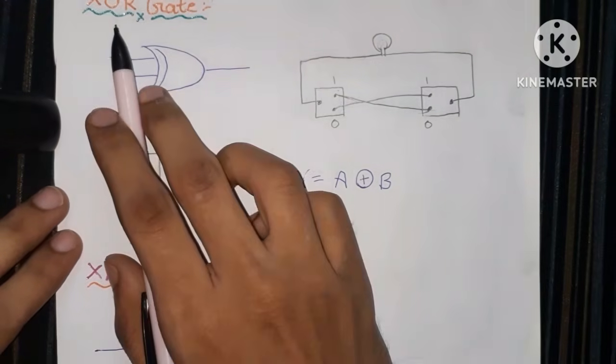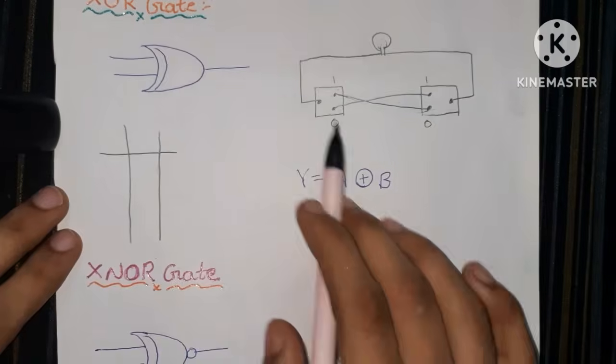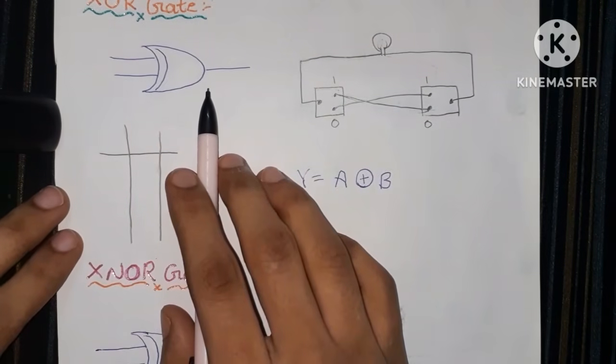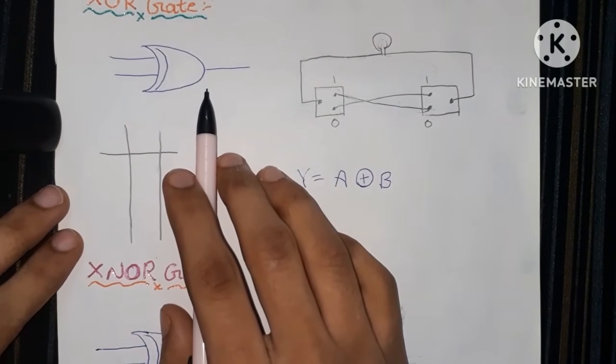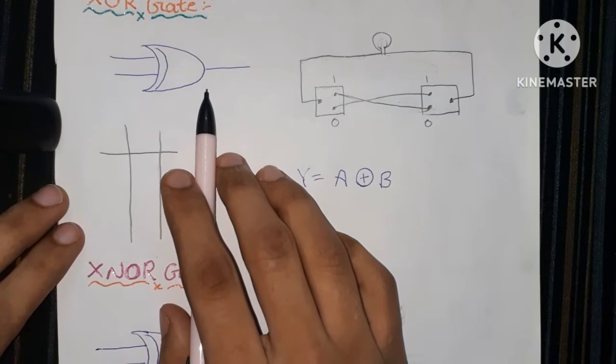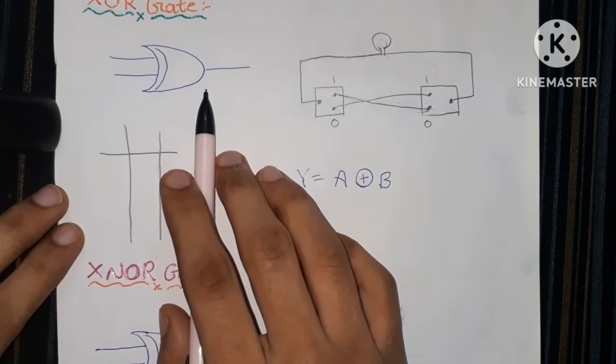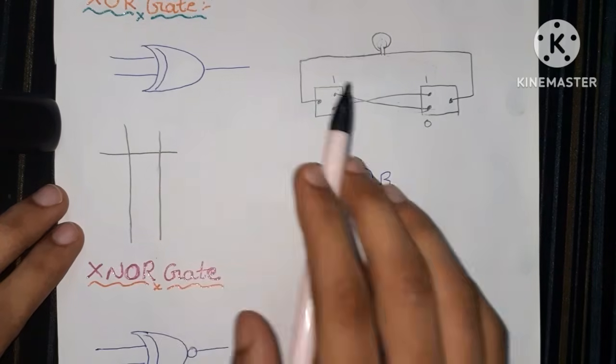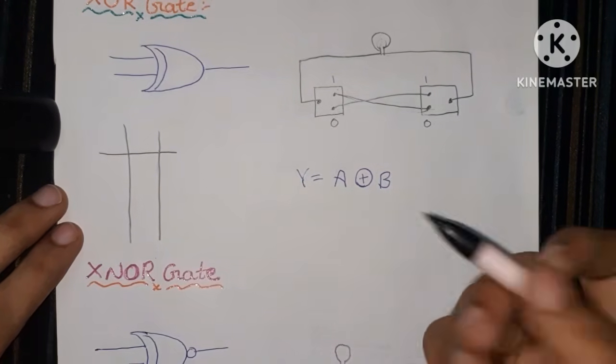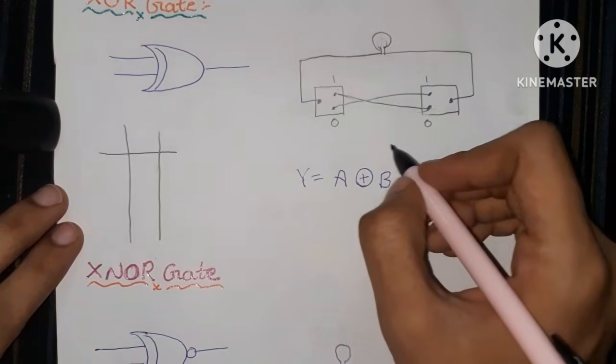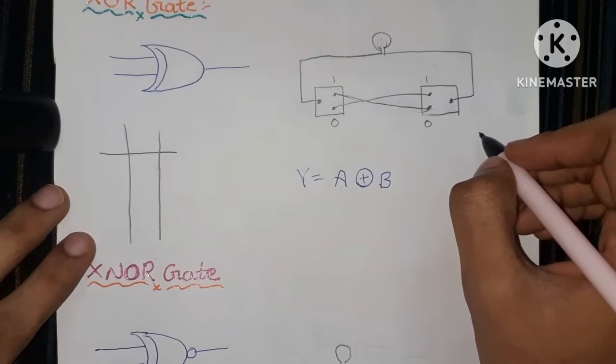Okay, what is the XOR gate? In our last video I told you that this is the XOR gate, but how does it function, what is the digital structure of the XOR gate, how does it work? Just imagine a staircase.